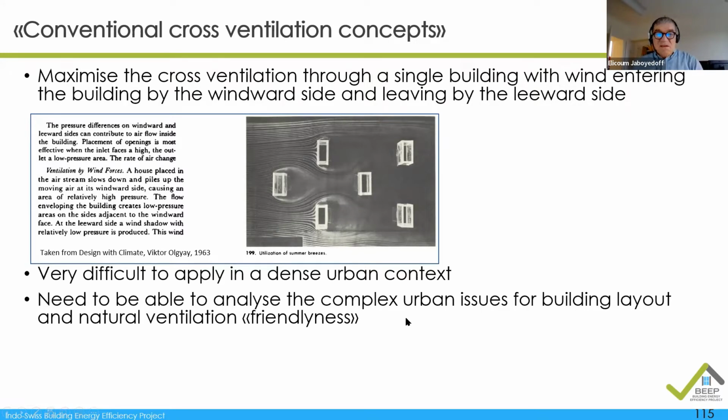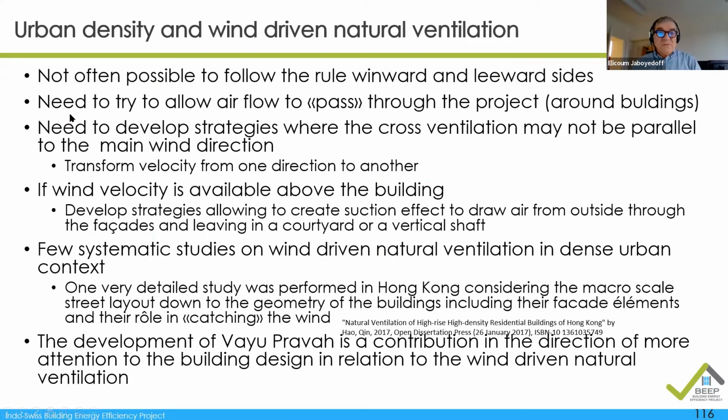So there is a need to be able to analyze the urban issues for building layout and natural ventilation friendliness. To come back to the argument for developing such software, it's not often possible to follow just the windward and leeward rule as described in many of these passive design books.